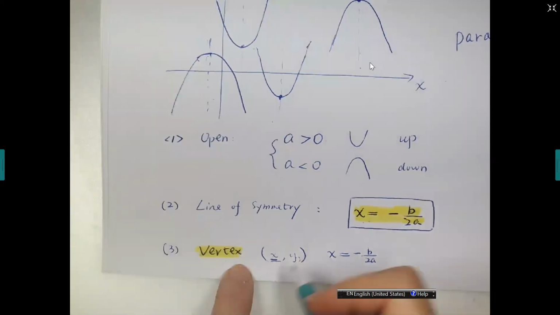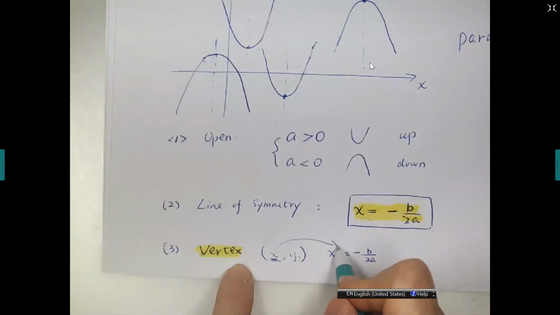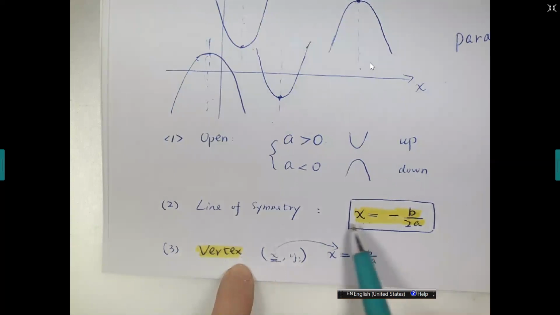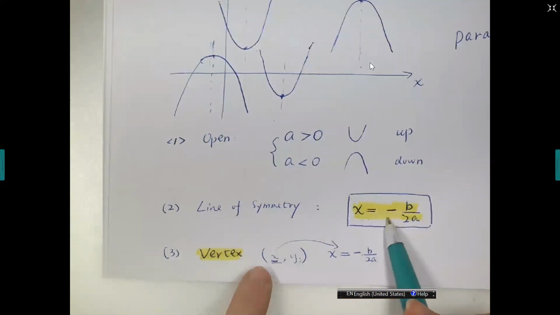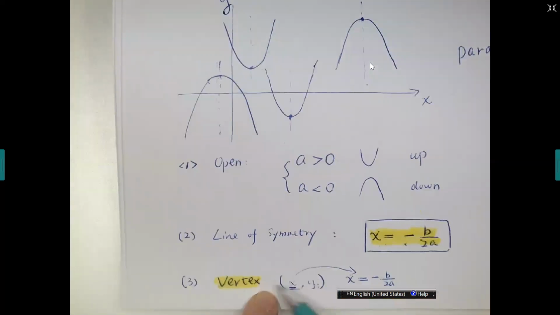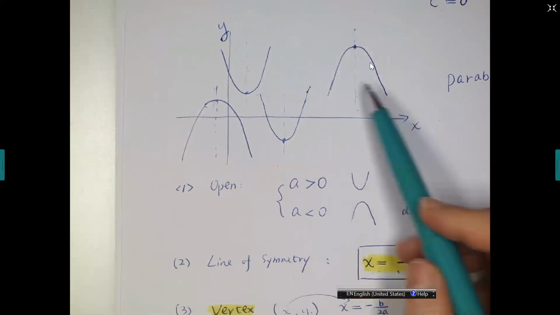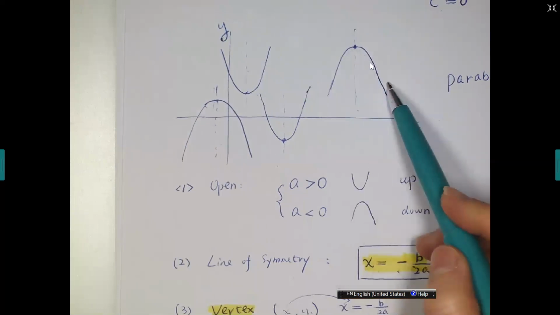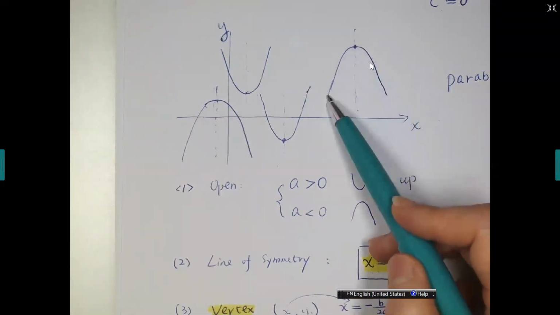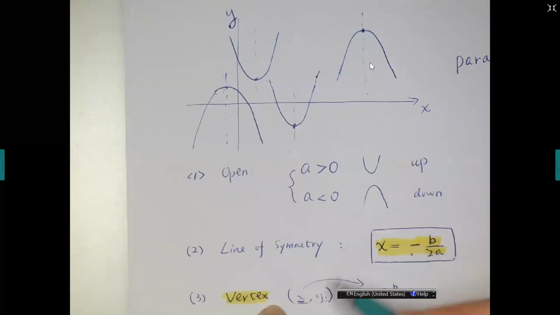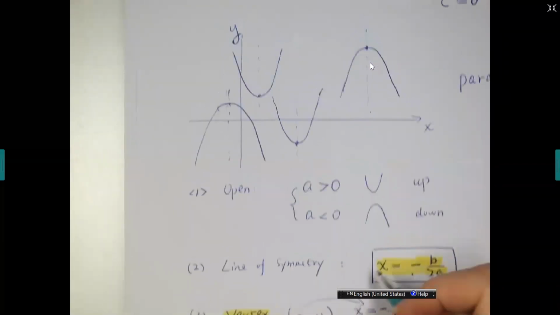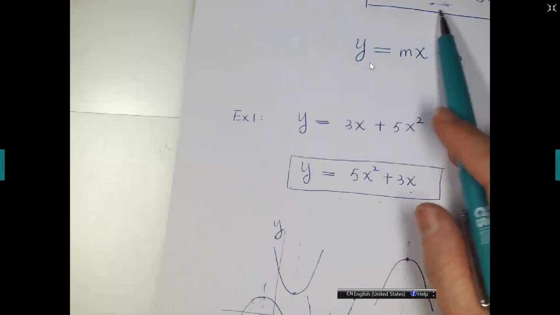The other thing is that x and y have to satisfy the quadratic equation, because this vertex is on the parabola. So y and x are related by the quadratic equation.